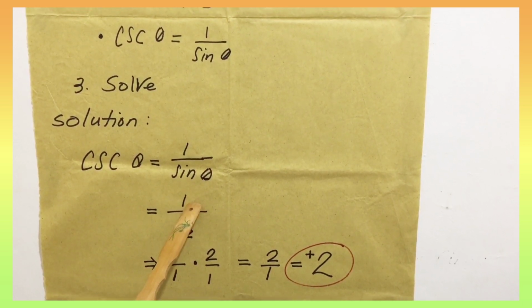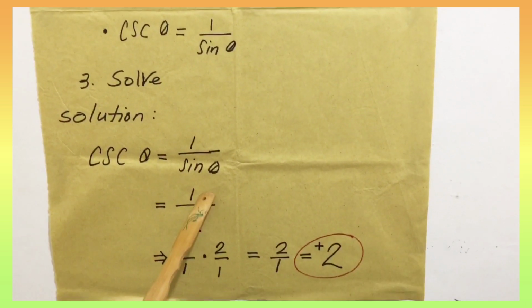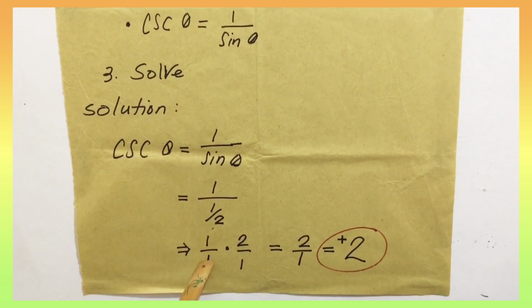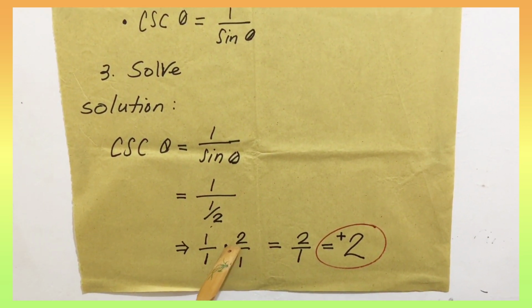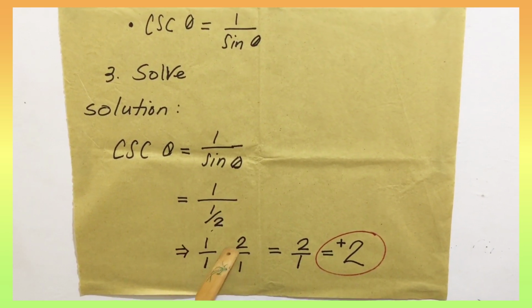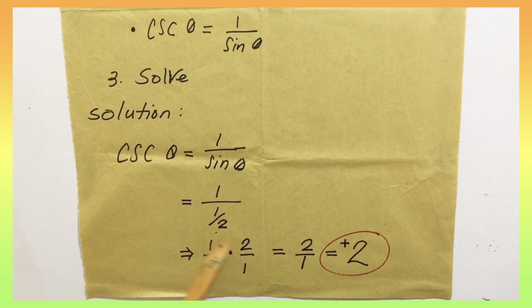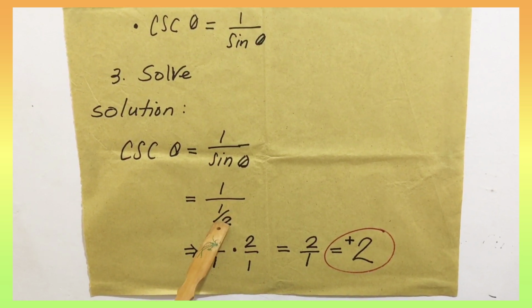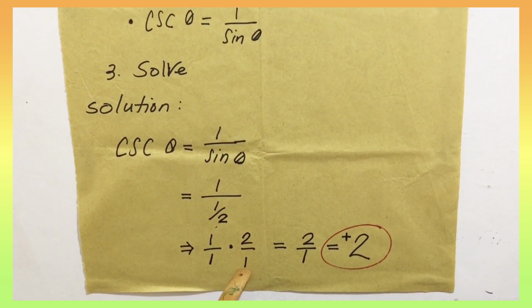So the numerator we will use as a fraction, 1 over 1 times, since reciprocal method, instead of division, we're going to change to multiplication. Then reverse the 1/2, becomes now 2 over 1.